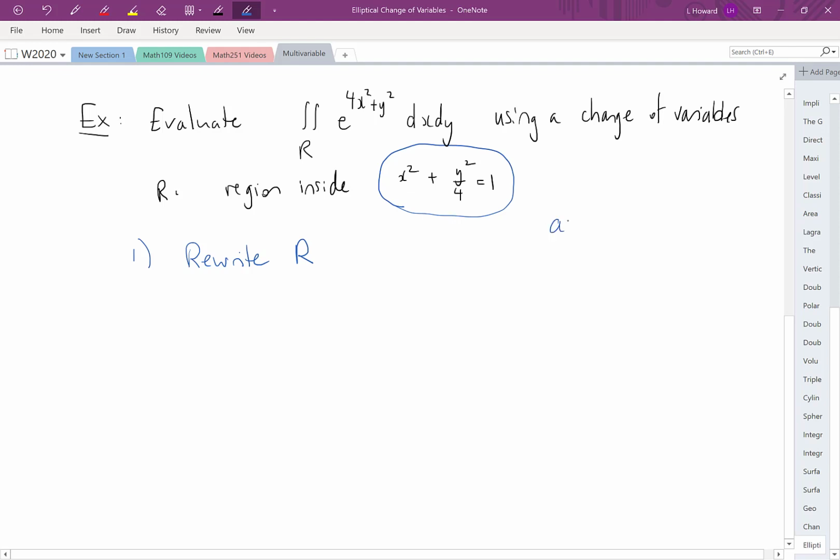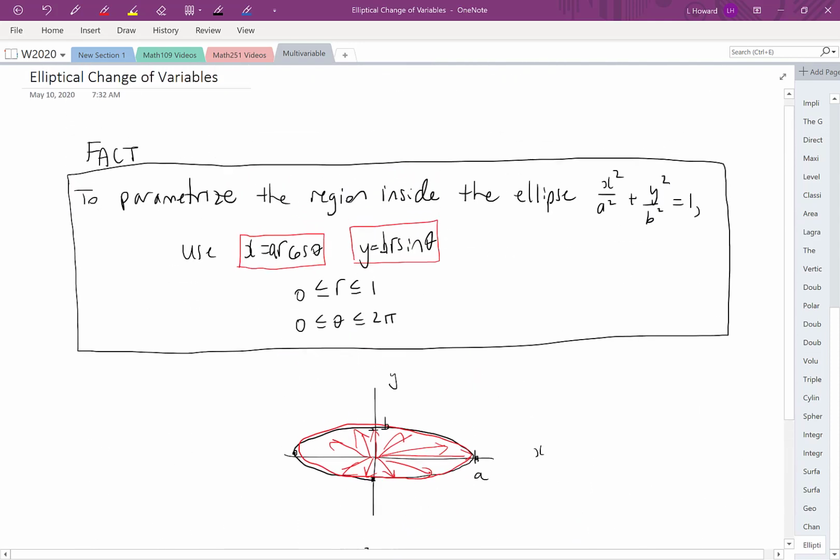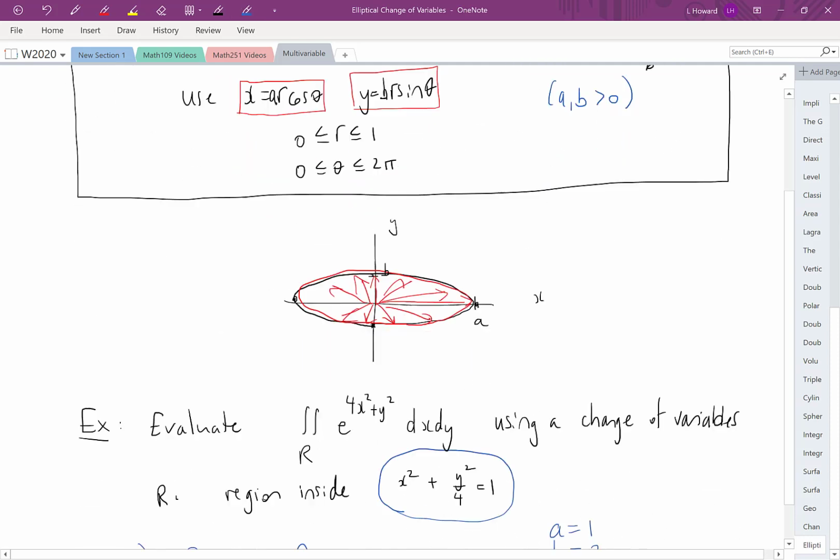So if we just use the positive values of a and b, then we could say a equals 1 and b squared here is 4, so b is going to be 2. All right, so let's just go back to our discussion above and add just a little bit more detail here. We're using the positive values of a and b when we set up this parameterization. So I write that just to be totally rigorous and clear about how we're choosing a and b.